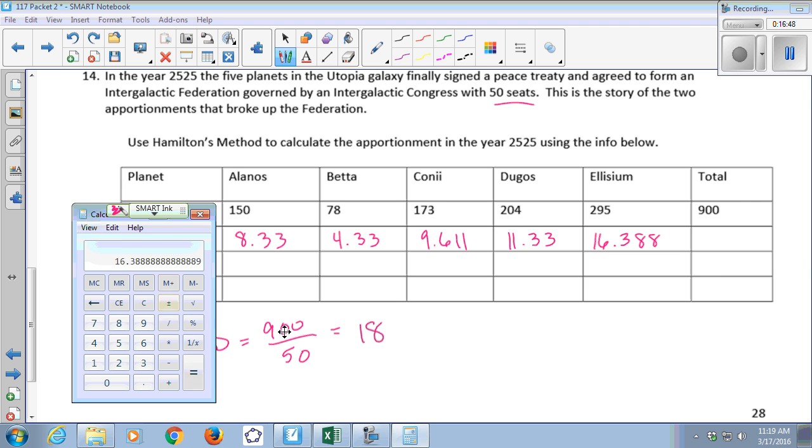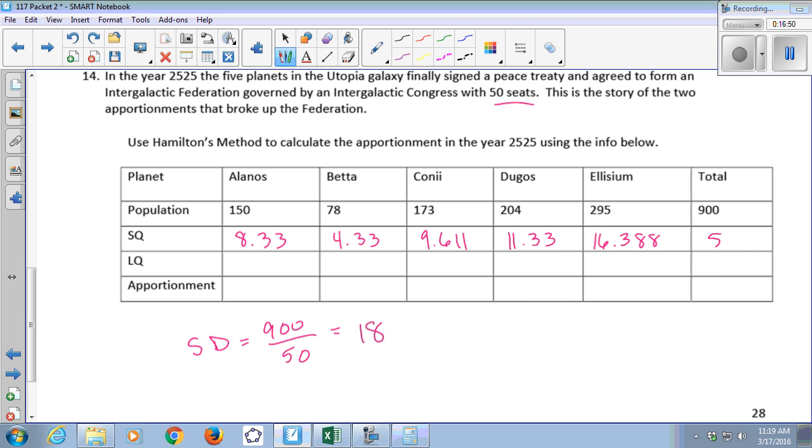Okay. So if we add those up, it should come out to 50 seats or super close to it if you rounded your decimals a little bit.